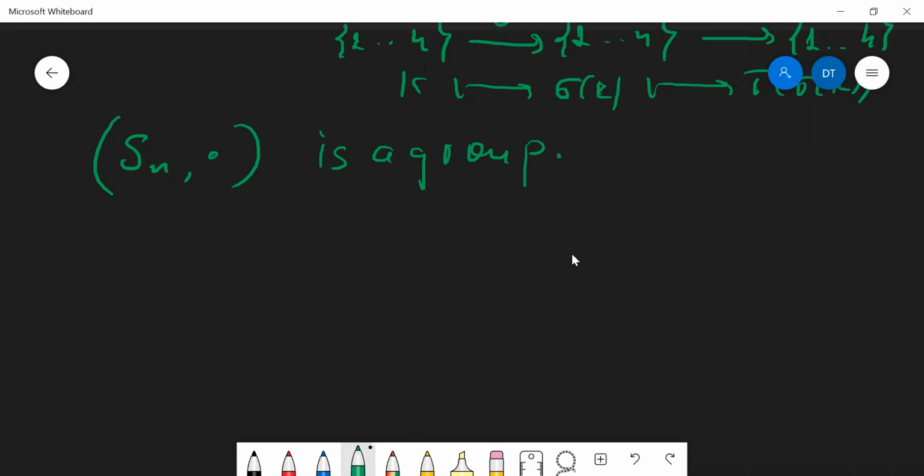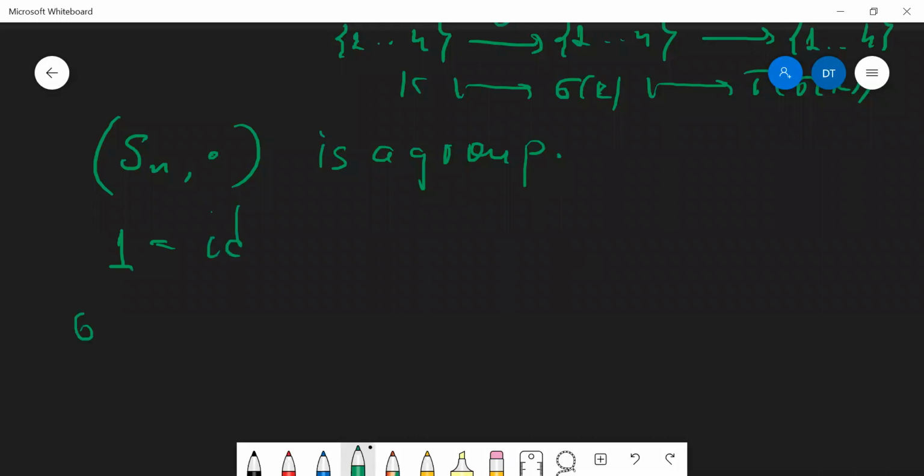Is there anyone who doesn't see this? Just write minus in the chat if you don't see this. Okay, then what is the identity element? What is the neutral element? Oh, okay, I said it, the identity map.